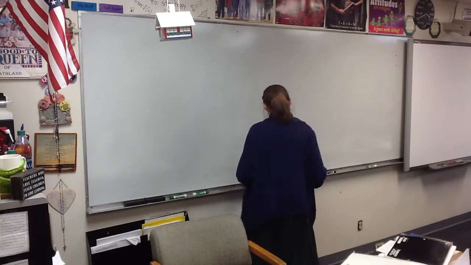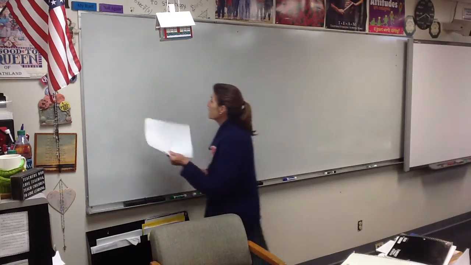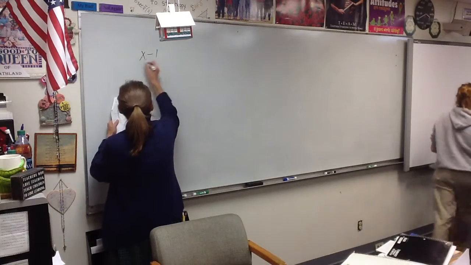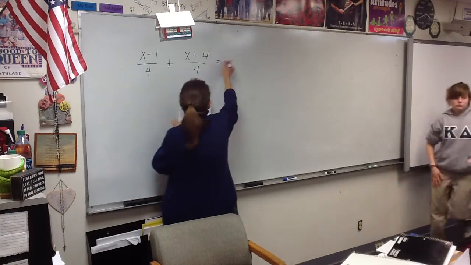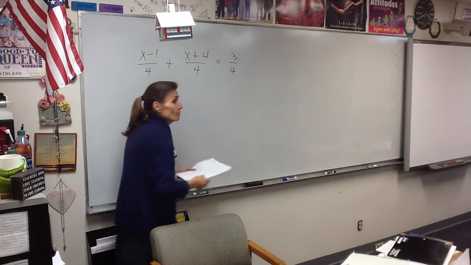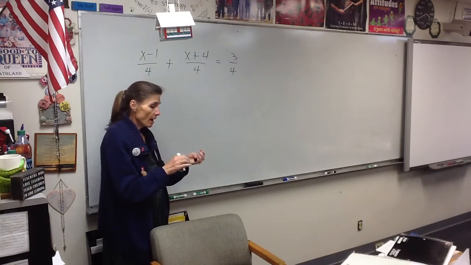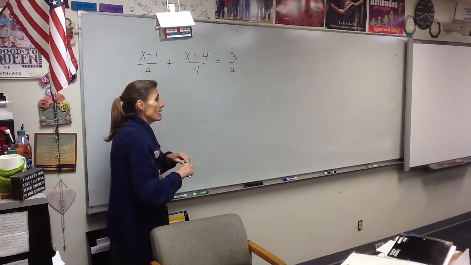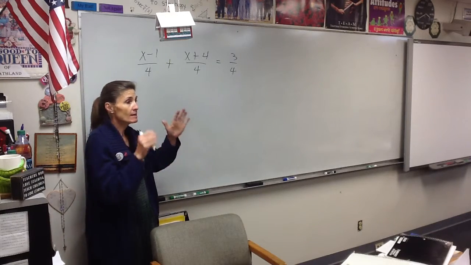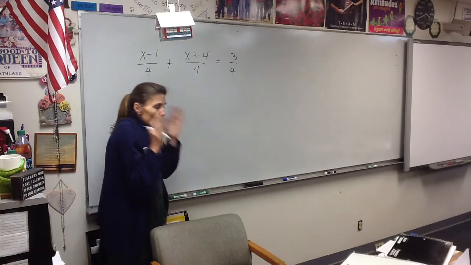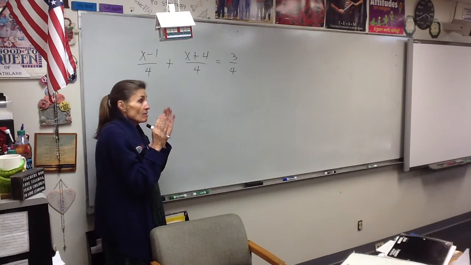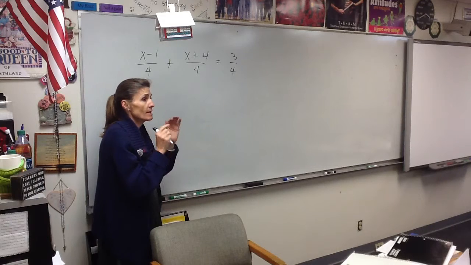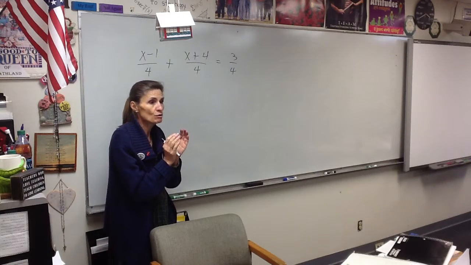Okay, here we are on page 21, and we are going to solve this equation. Now, kids, I am not a believer in saying you have to do every problem this way. But I think with problems like these, it eliminates a ton of confusion.